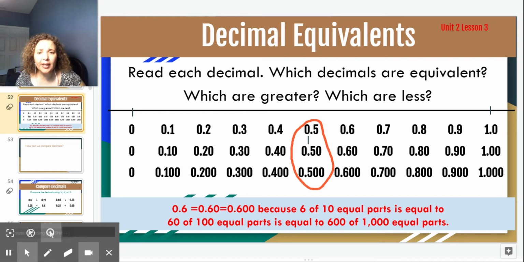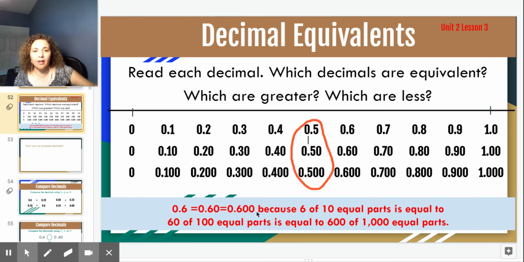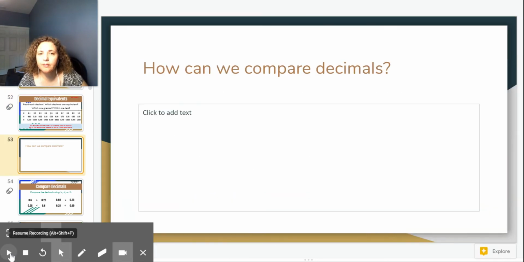Write down that you can add as many zeros as you want after the number, and it does not make a difference. I could add 100 zeros here. I could write 1,000 zeros after. It doesn't matter. It doesn't change the number. So write that down in your math notebook, because that's really, really important. And if you want to write this example here, that would be great. If not, you can use my half example that I went through, because that's really going to help you for this.